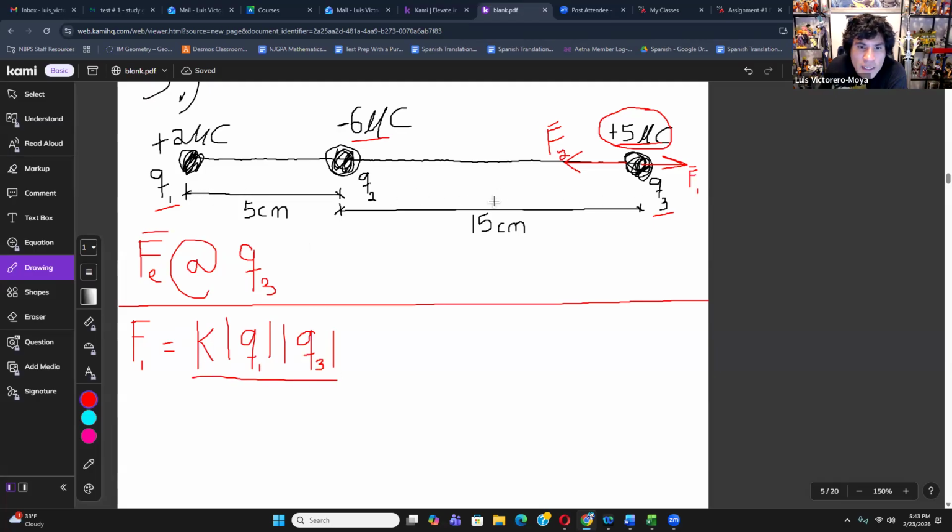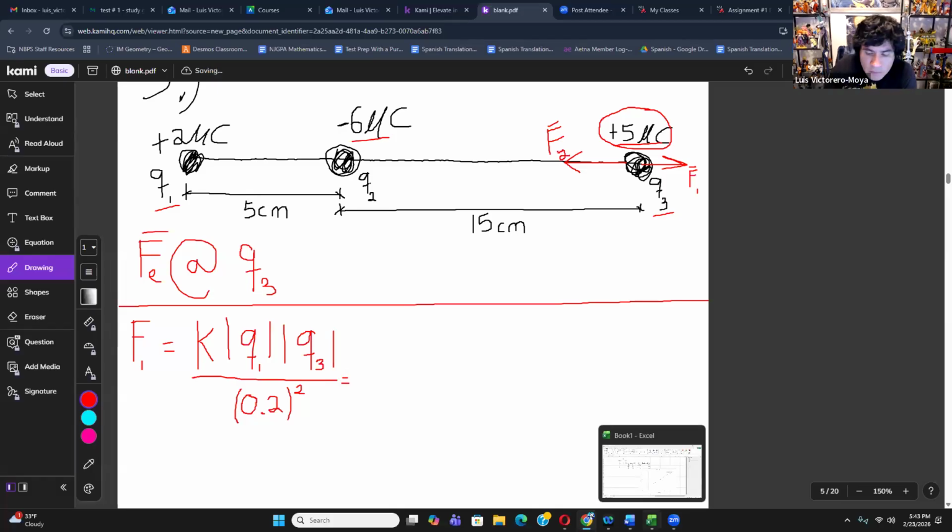This distance here is 20 centimeters, so 0.2 meters squared. The value of K will be given in the exam, or you're going to have it in the question sheet anyway. But always use this to make it simple.